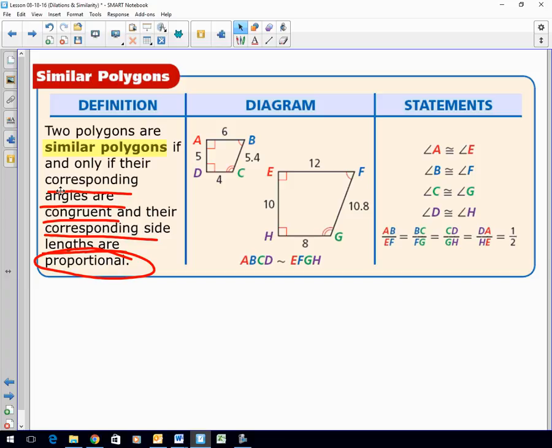I want you to make sure you don't have, hey, look, I don't worry so much about the diagrams, all right? I definitely want you to define what similar polygons are and be familiar with these statements.